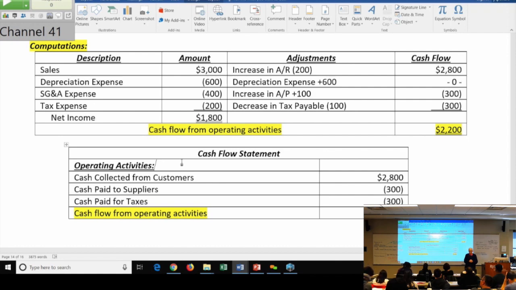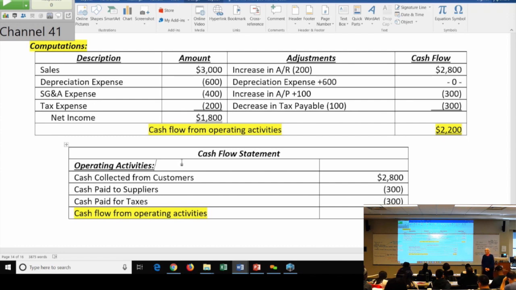I was basically asking, isn't direct more understandable? Well, it makes more sense from a logic standpoint, but the FASB's argument is that it does not tie into any other statements. So you can't find cash paid to suppliers.